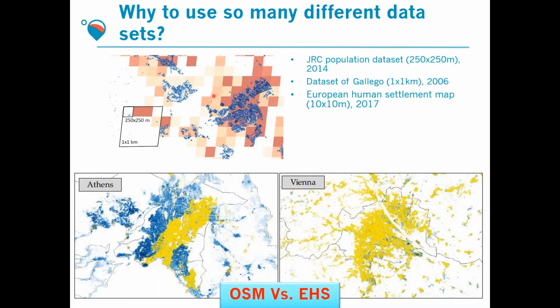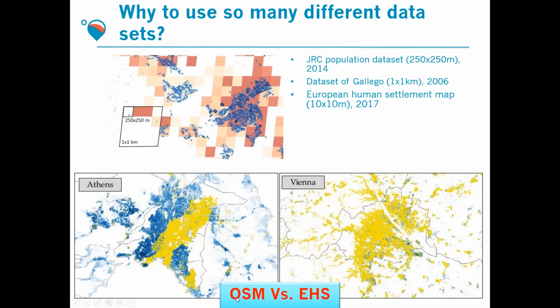And we see that there are regions where there is no building, but some population are assigned to those buildings. So this was a weakness, let's say, but on the other hand, we had the possibility to have the distribution of the population in the areas with buildings. So we tried to combine different data sets to get a better estimation for population.